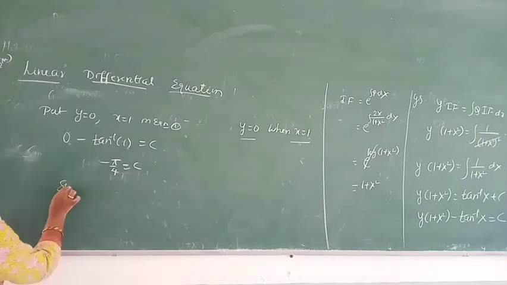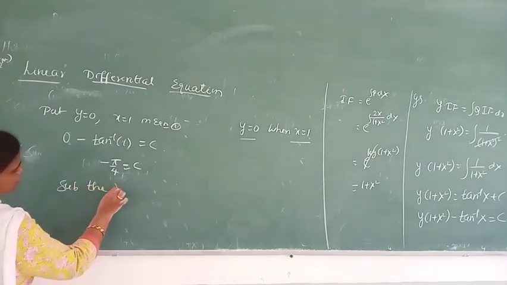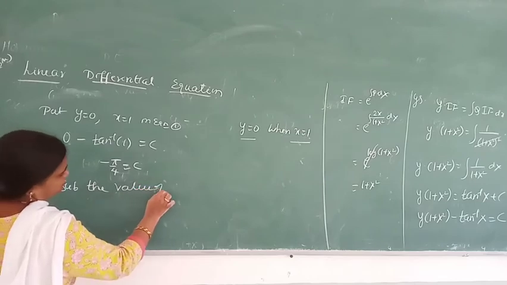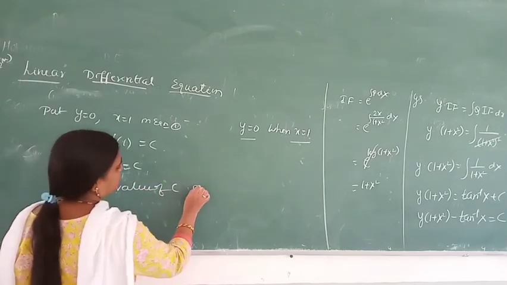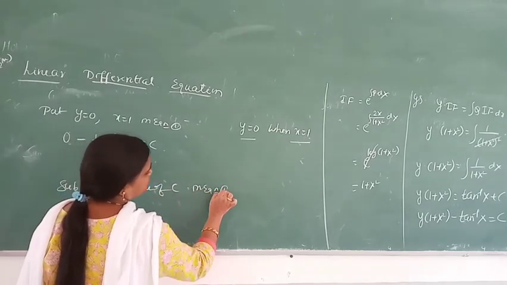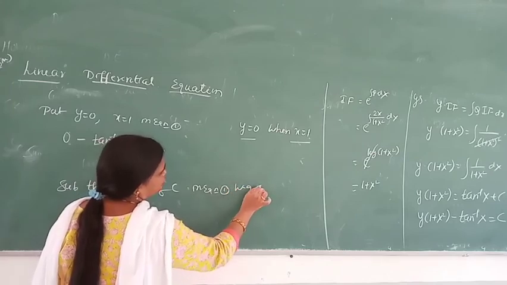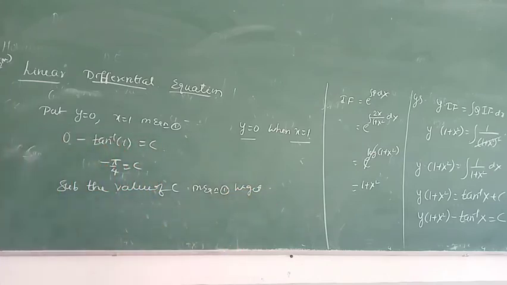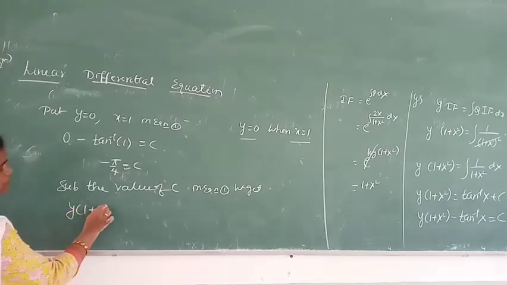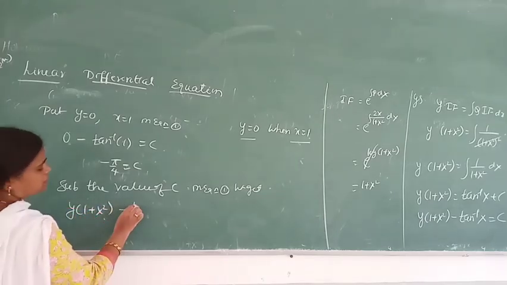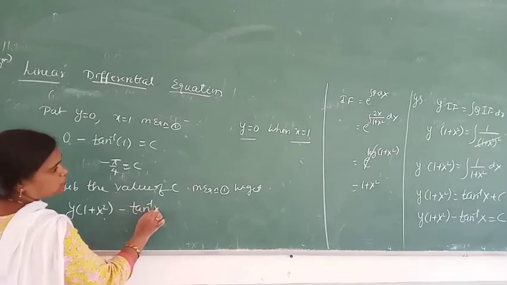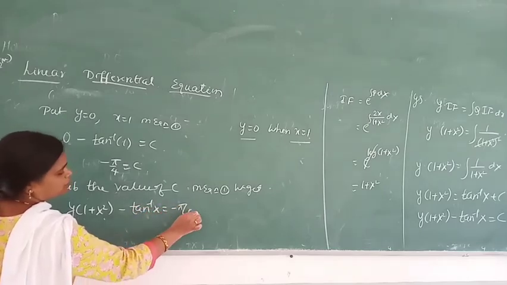Next, substitute the value of c in equation 1. We get y into 1 plus x square minus tan inverse x equal to minus pi by 4.